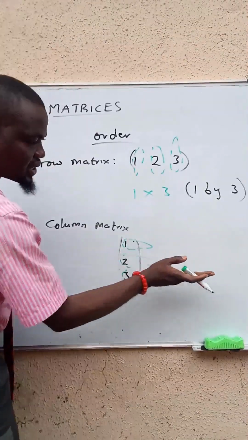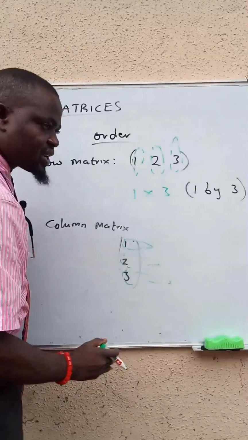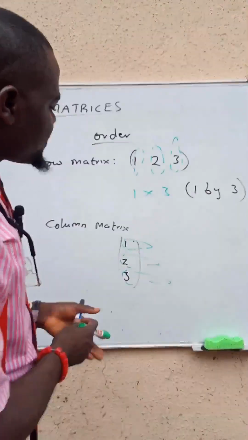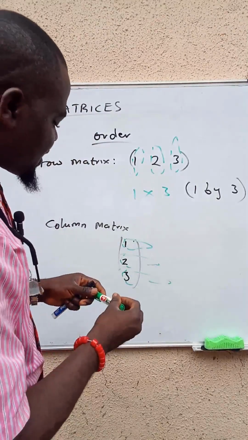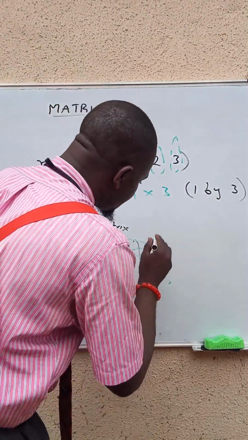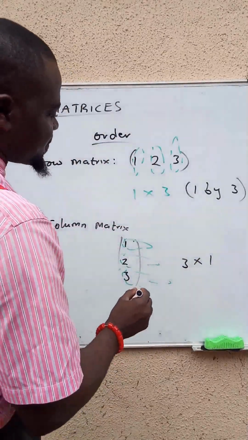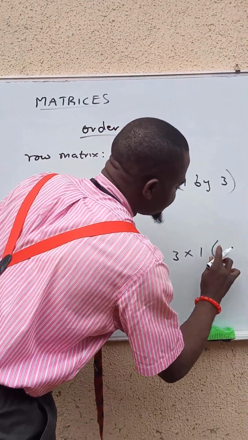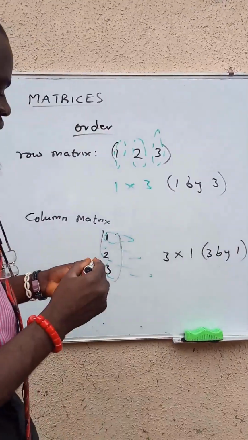The one in this way, horizontally, we call row. The one standing, we call column. And in a matrix, we name the row first. So in this case, what we are having here is a 3 by 1 matrix. In pronunciation, you say 3 by 1. Do you understand?